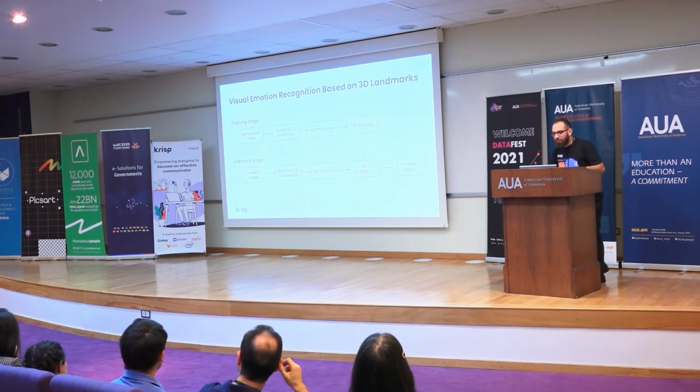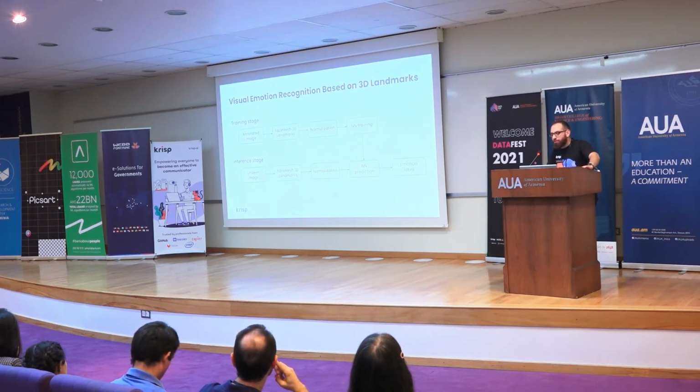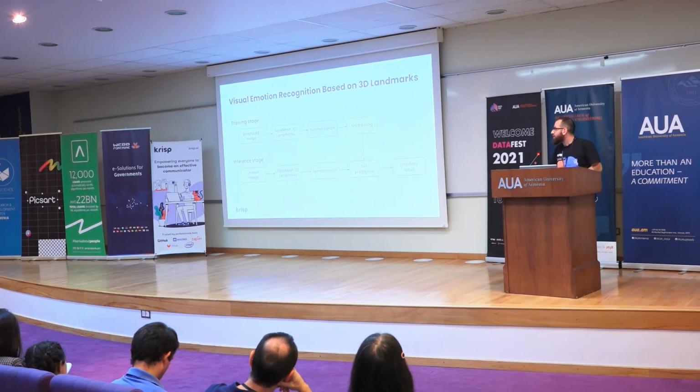And when it comes to inference, on an unseen image, we compute those 3D landmarks also. Some sort of normalization is also done there. And so the NN predicts and gives an emotion label.